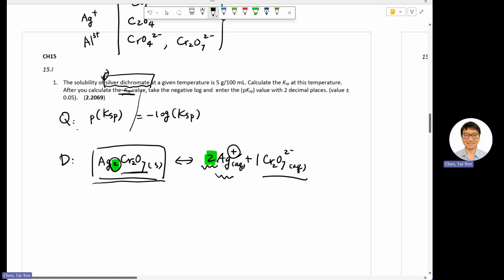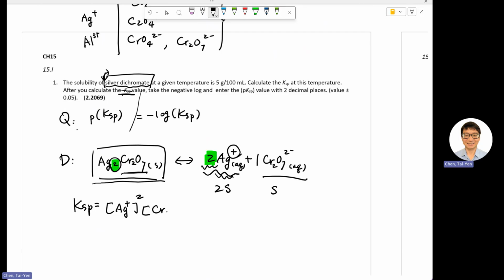Once you have these, if you want to calculate your KSP, and the solubility of the salt is S, then once it dissociates, it's going to produce 2S of your Ag plus and 1S of your Cr2O7 2 minus. KSP simply equals Ag plus concentration squared times Cr2O7 2 minus concentration to the first power.